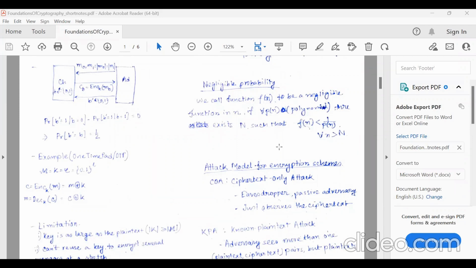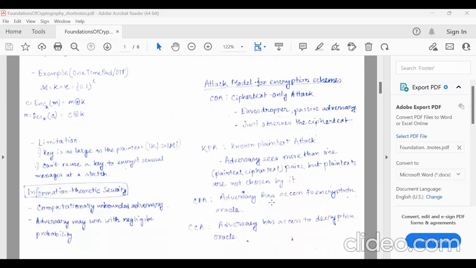Okay, now just to recall again, we have seen various kinds of attack models for our encryption scheme. We have seen the ciphertext only attack, where the adversary just acts as an eavesdropper, and it is passive in nature, so it does not try to perturb the message.